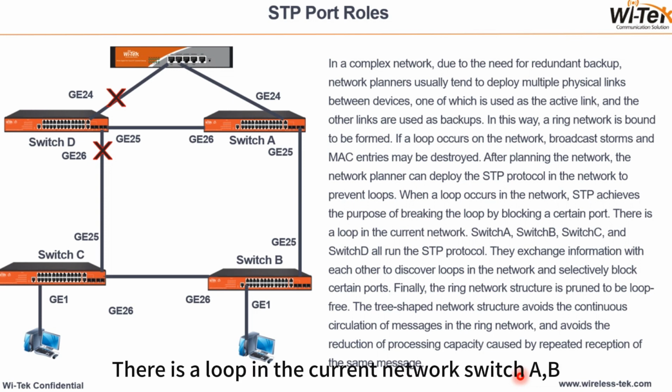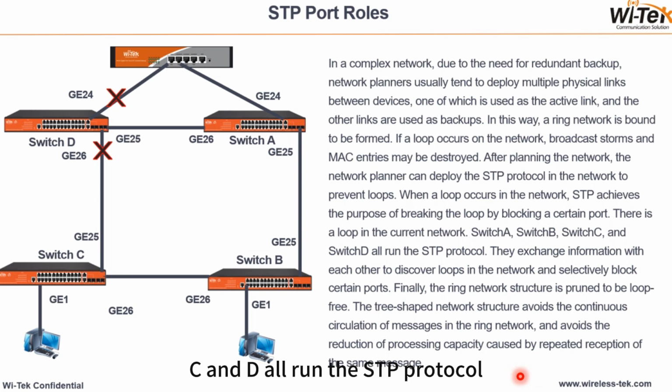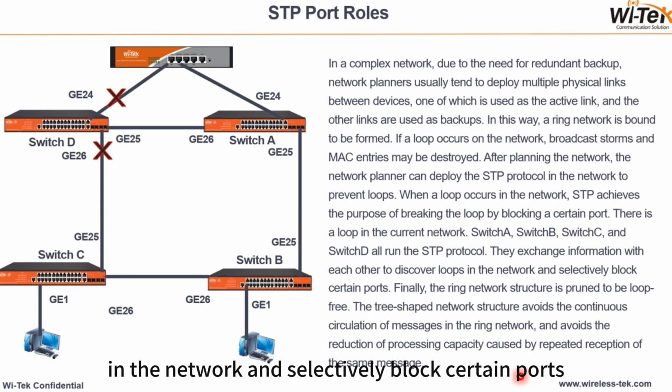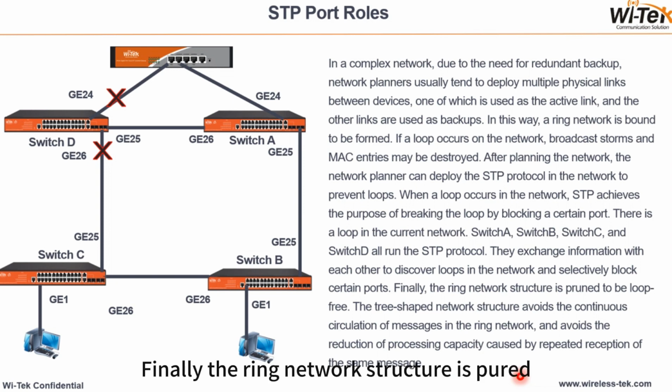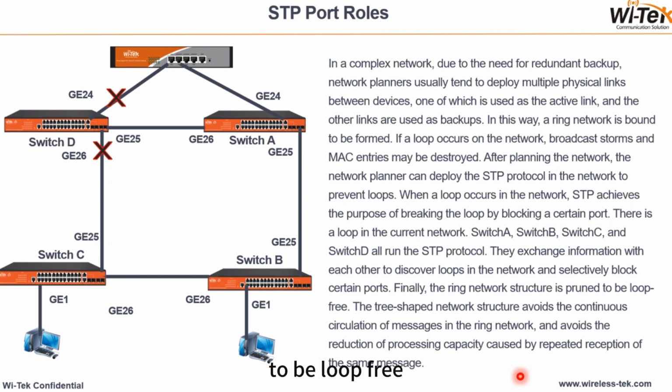There is a loop in the current network. Switch A, B, C, and D all run the STP protocol. They exchange information with each other to discover loops in the network and selectively block certain ports. Finally, the ring network structure is pruned to be loop-free.